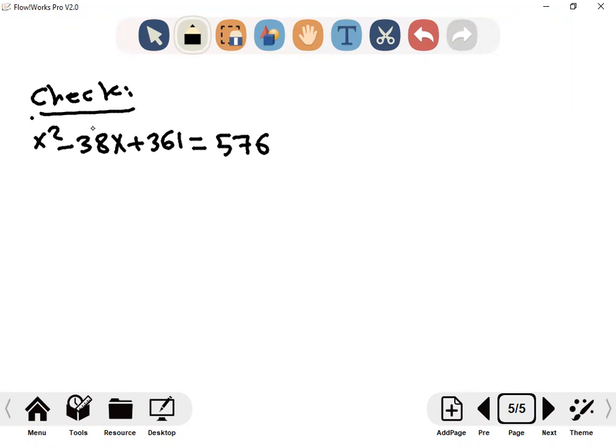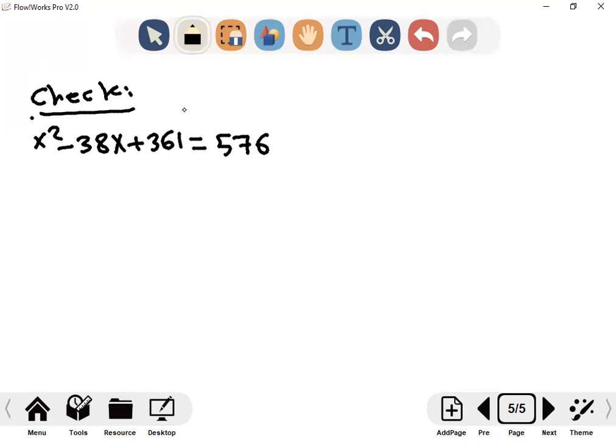Half of 38, how much? 19, right? 19 power 2 is 361, the same number, right?